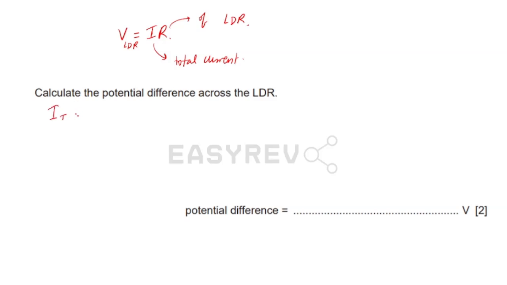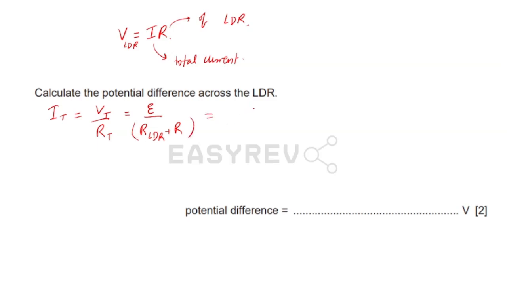Now the total current can be found using a rearranged version of the above formula, which would be V over R. But this time, for total current, we would use total potential difference and total resistance. The total potential difference is nothing but the EMF of the entire series circuit, whereas the total resistance would just be an addition of both resistors, the LDR and the fixed resistor R.